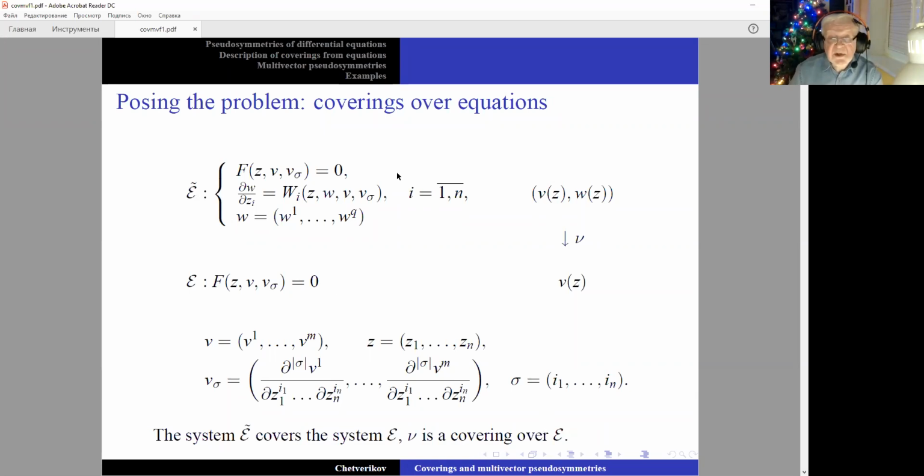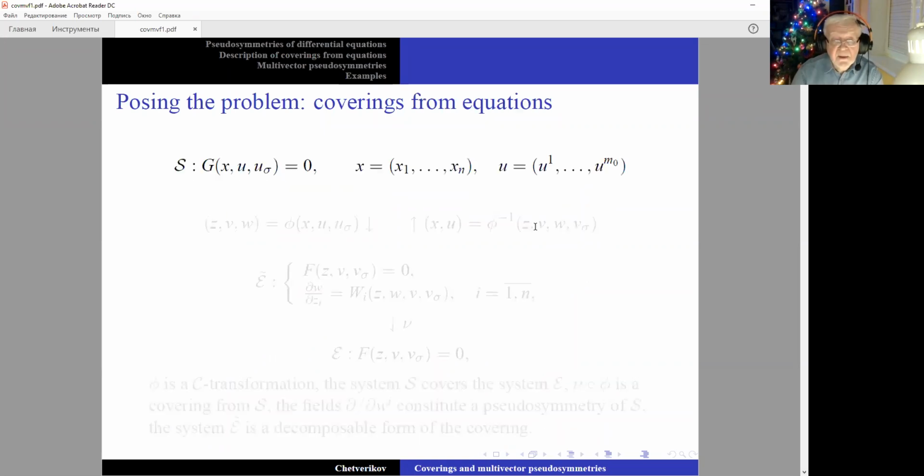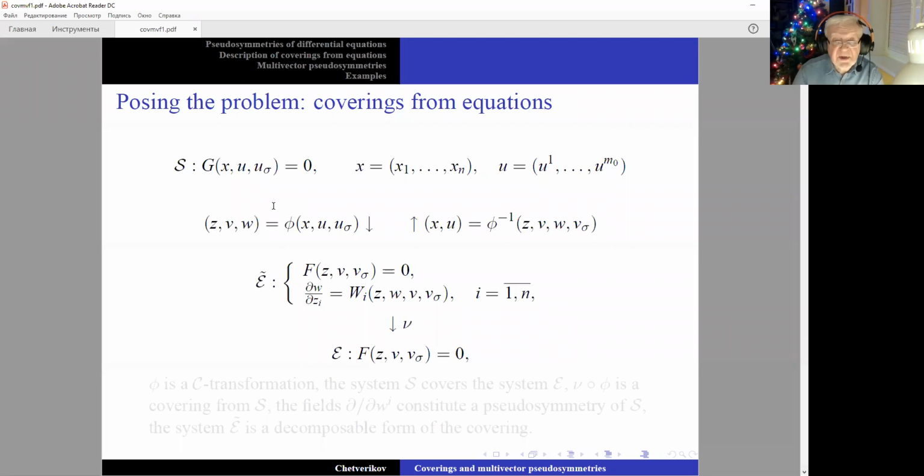Now let's consider another problem. Let there be a system S, and suppose there is a C transformation.